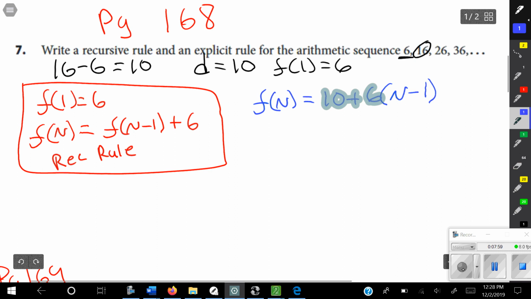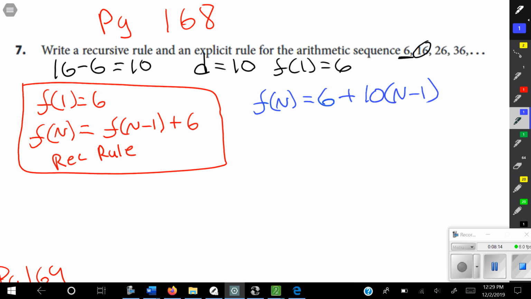Let me fix that. Our first term is 6, and our common difference is 10. And we're going to multiply that times n minus 1. And that's our explicit rule.